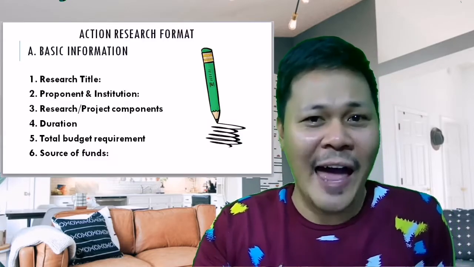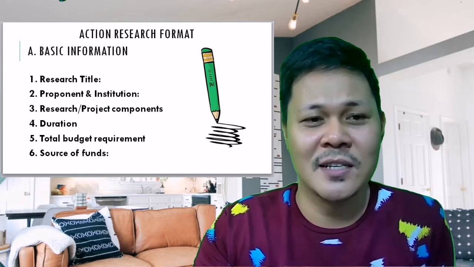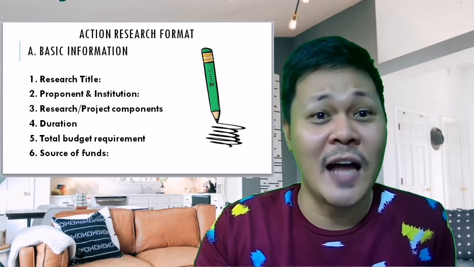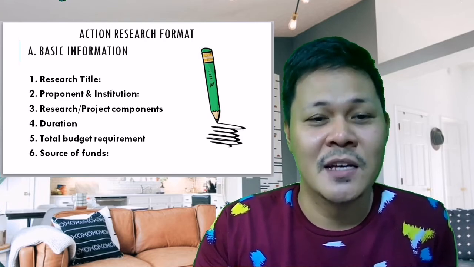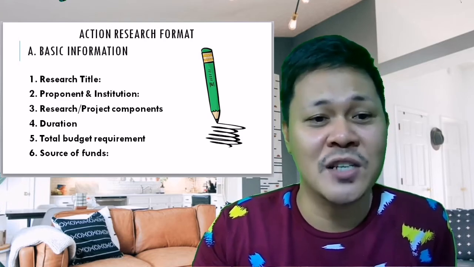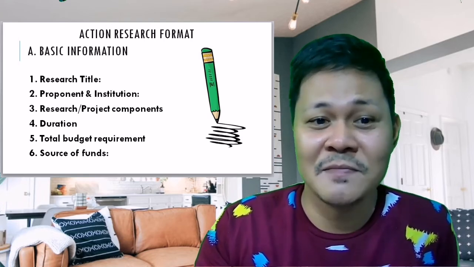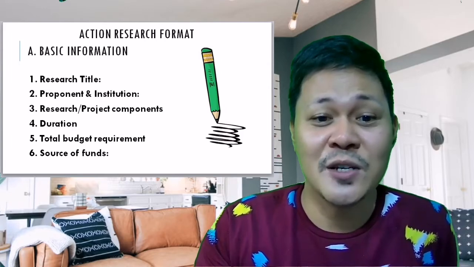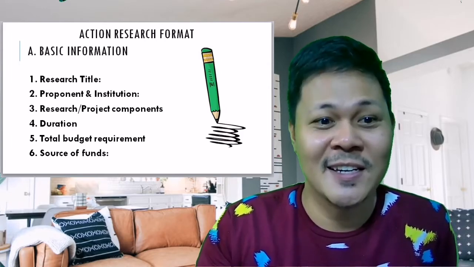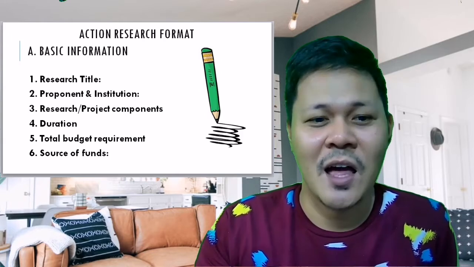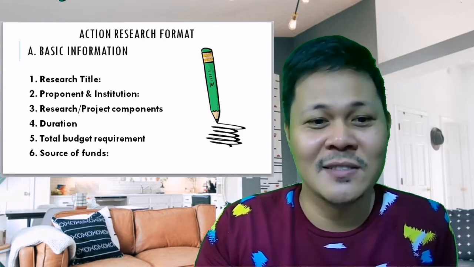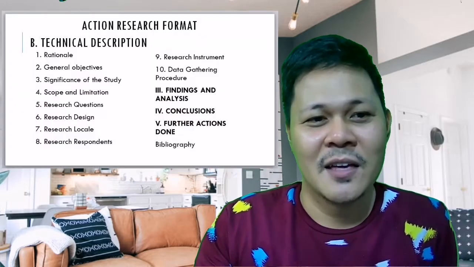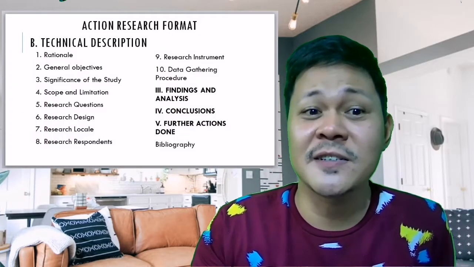So what is the action research format? Basically, this is the format in our division. First, you have the basic information: the research title, the proponent and institution, research project components, duration, total budget requirements, and the source of funds. The second part is the technical description.